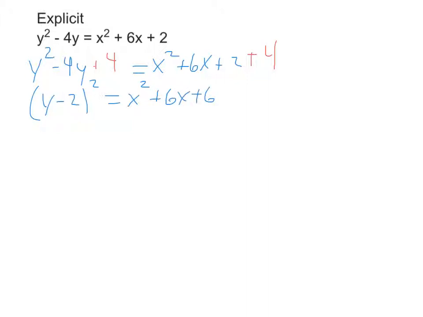So now what I'll want to do is solve for y, so I'll take the square root of both sides. Remember, the square root of a square is an absolute value. So technically, this is what we have.